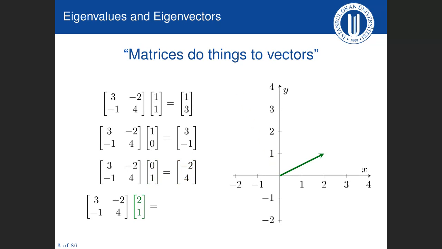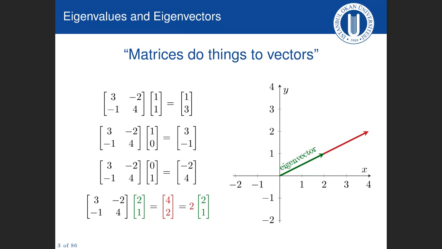There are some special vectors, for example, the vector (2, 1), where if we multiply on the left by the matrix, we don't rotate at all, we just do stretching. Our matrix [3, -2; -1, 4] multiplied by this special vector (2, 1) is equal to (4, 2).